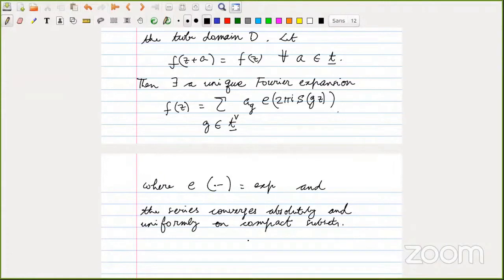Okay, so this is a general result, and I haven't said what the relation of the tube domain V is here. Let me say that.